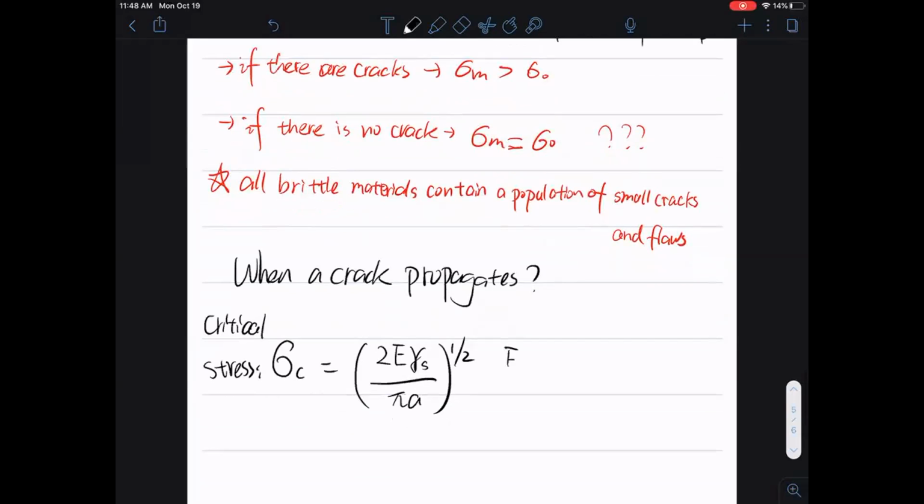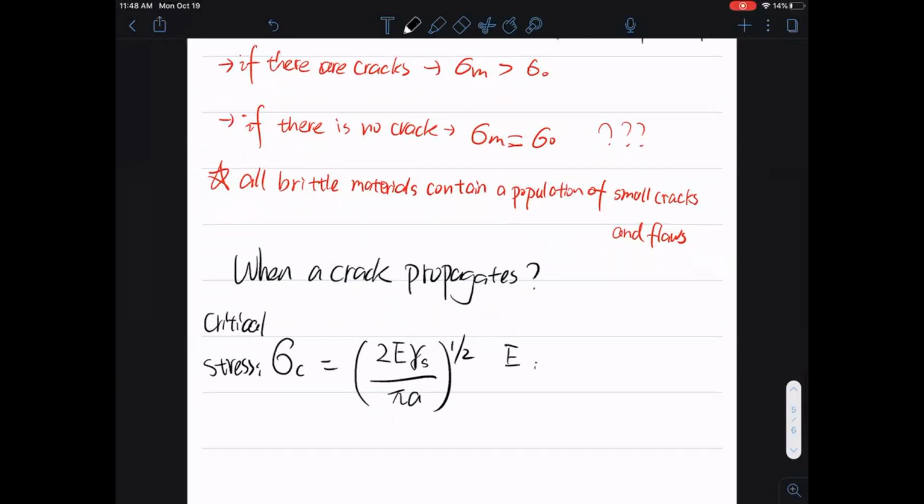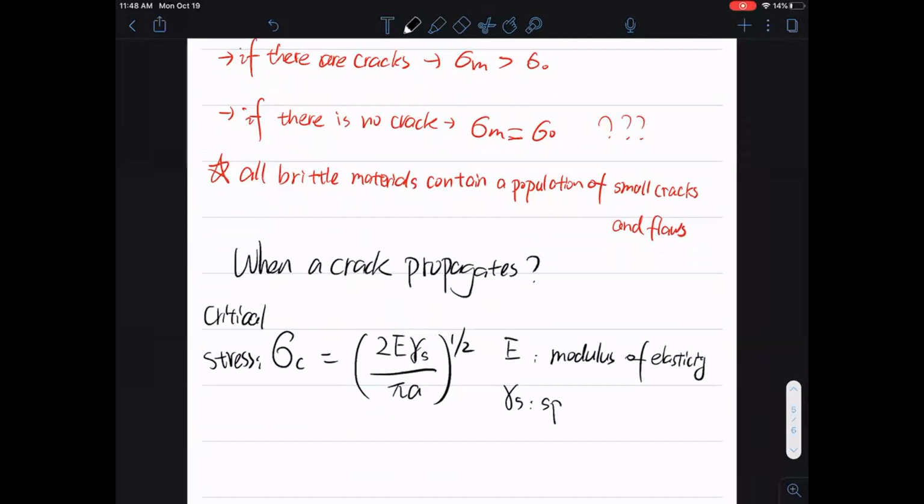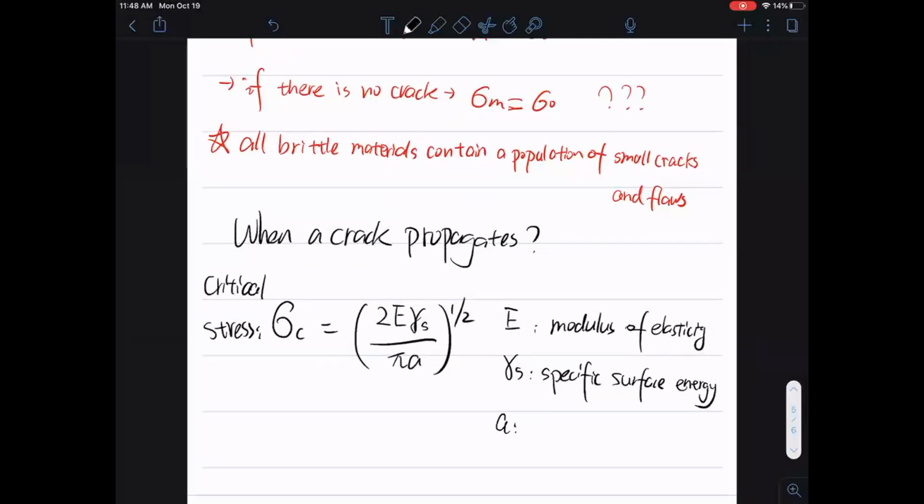So E here is the modulus of elasticity. Gamma S is the specific surface energy. And A is the crack length, the same A as in the previous equation.